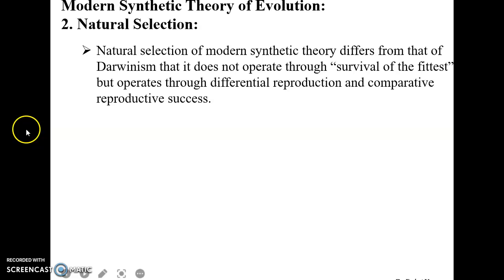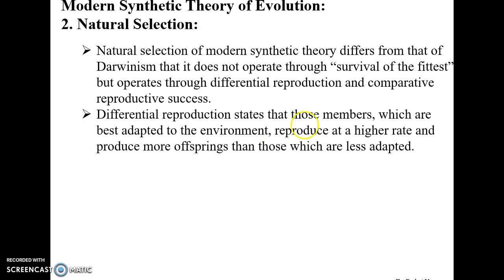The next important postulate of modern synthetic theory of evolution is natural selection. Natural selection of modern synthetic theory differs from that of Darwinism in that it does not operate through the survival of the fittest, but through differential reproduction and comparative reproductive success.